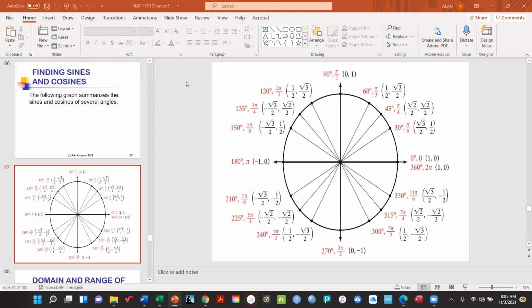Now, the only issue here is that, let's say you do go for the sine of 60 degrees. You type 60 sine. Now, here's the awkward part. The calculator is not going to give you this radical 3/2. It's going to come back 0.866 something, and that's fine.